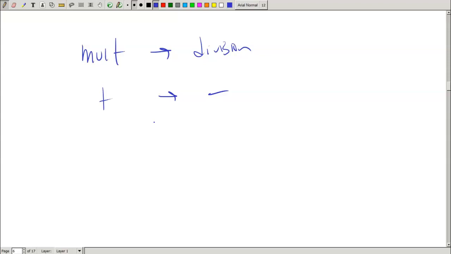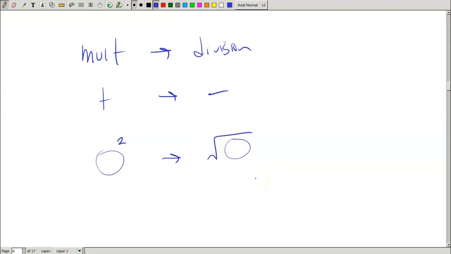So those are examples of inverse operations. You can also think of, if you square something, what would be the inverse of squaring something? Well, it'd be taking that same thing and doing a square root, right? So we've talked about these types of equations.